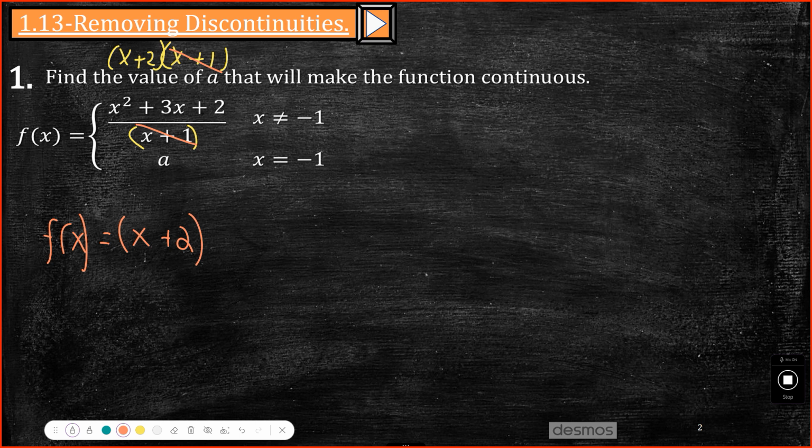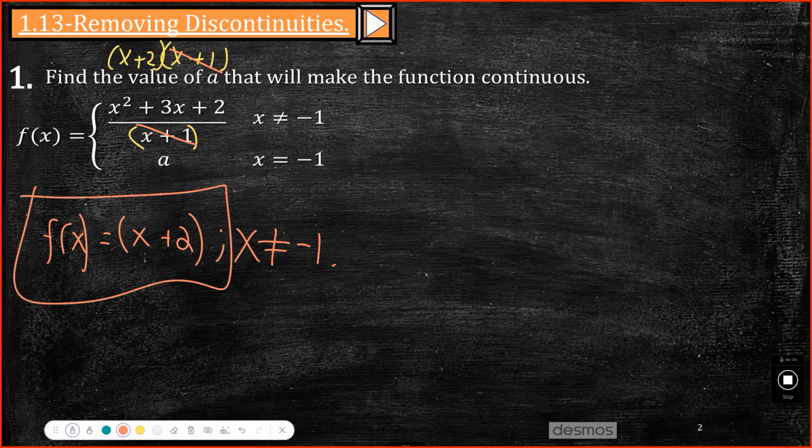And we're saying that x cannot equal -1. But if we plug it in now in this function, x is -1, there's no problem in this function, as opposed to that one.